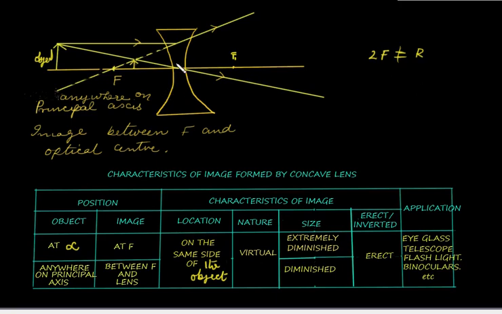So for lenses, 2F is really twice the distance of the focus. It need not be equal to R because F depends upon the radius of curvature and also the refracting material of the lens. Okay, I hope these points are clear.